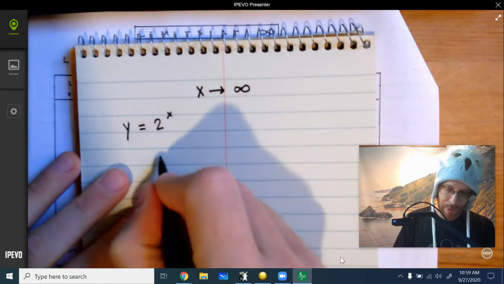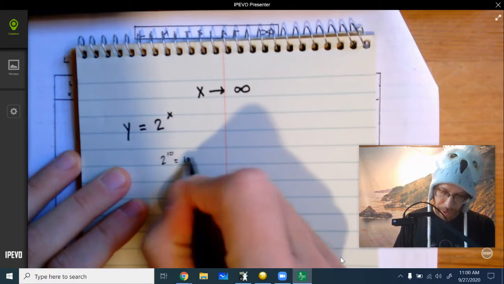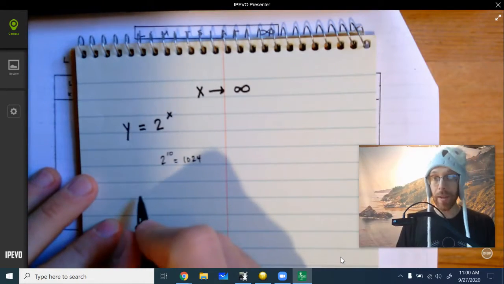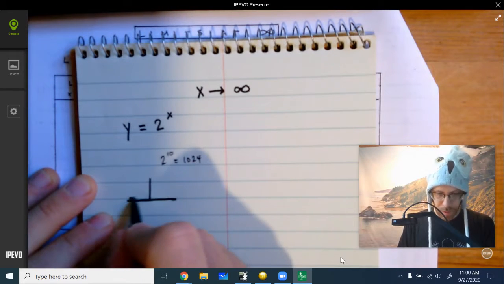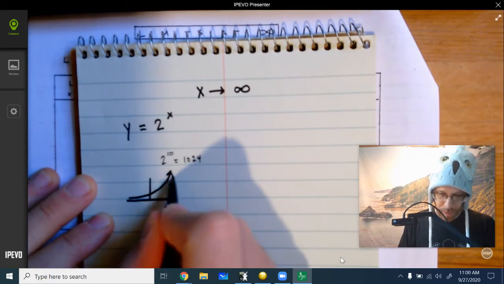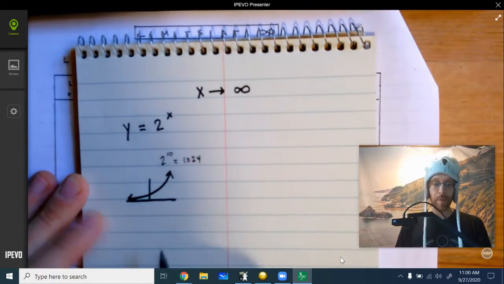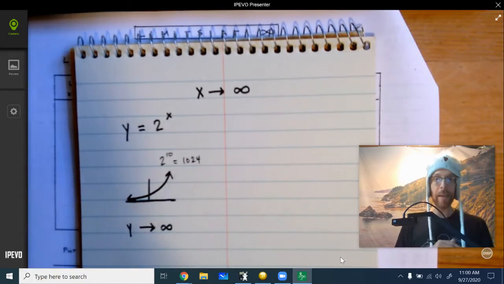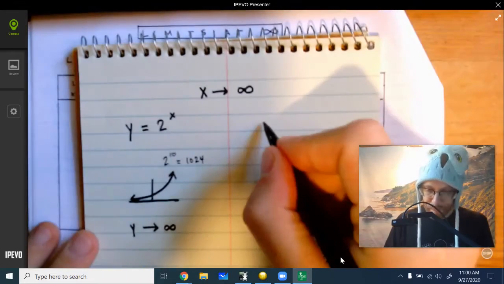I'm going to say a big number is 10 in this case. 2 to the 10th power is 1024, which is big. So that suggests that y is going to infinity. Also, we should know from all those years that we spent studying exponential functions that this graph looks like this. So you can see that y is headed up to infinity. So in this case, we'll have what we call an infinite y value as x goes to infinity.